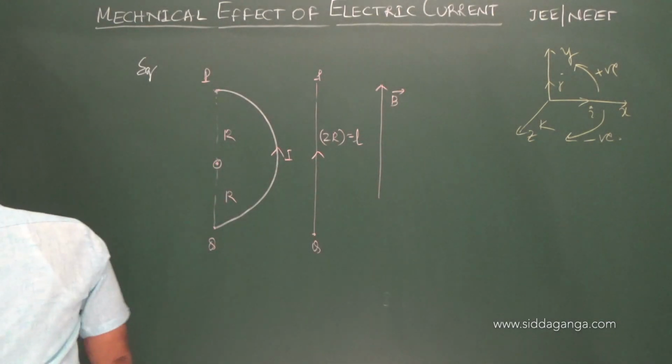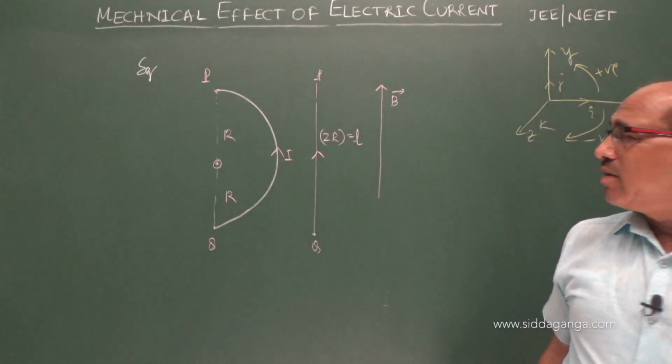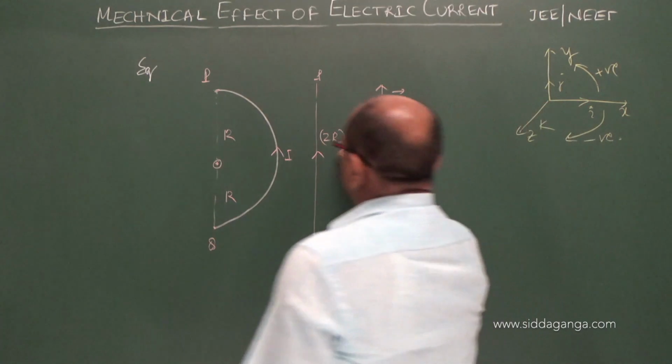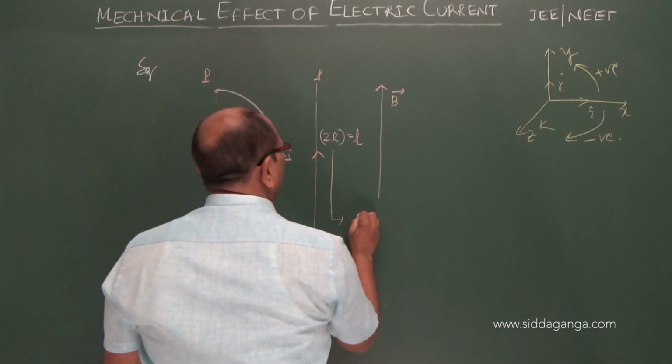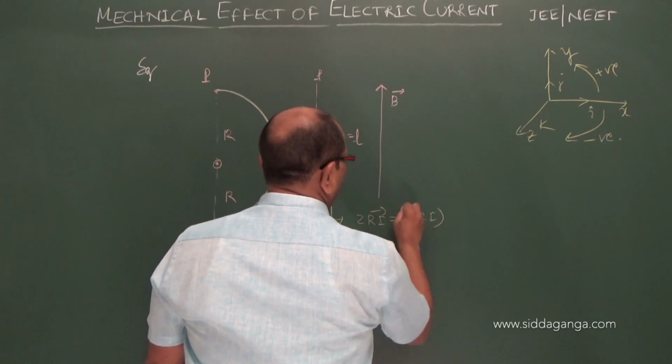What is the force on it? If the wire is placed like that, I can write the vector as 2R I into j.